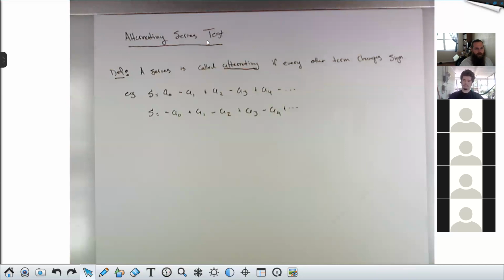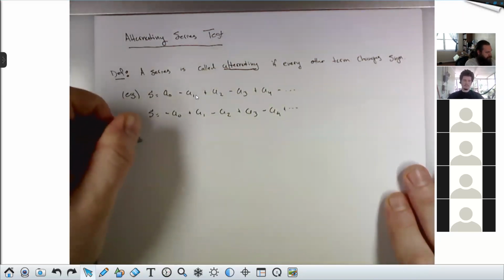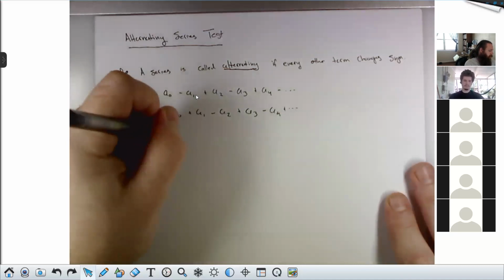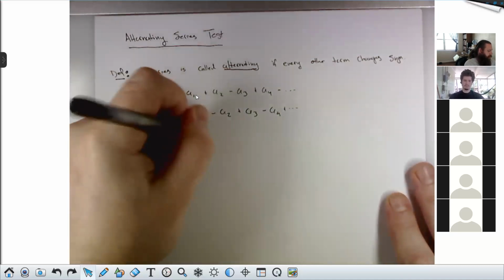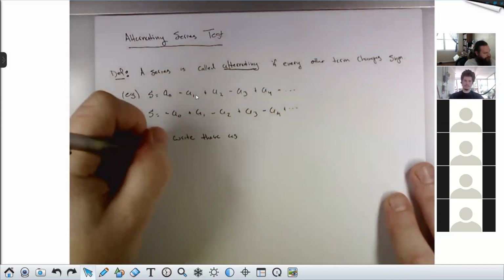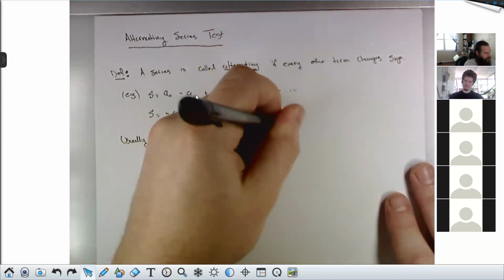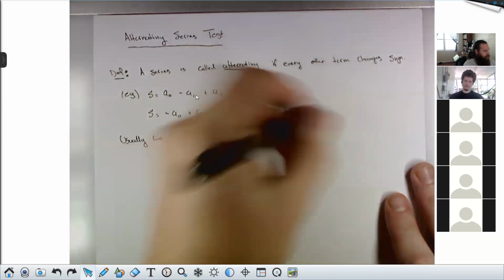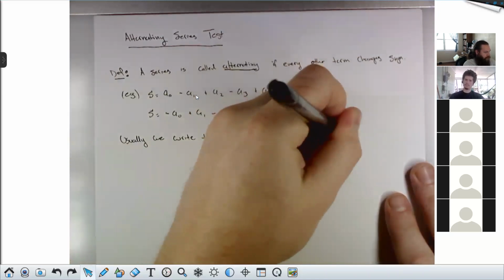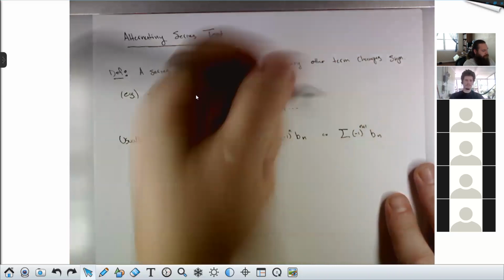We need some notation, and it's nice to have notation that is slightly different than what we're used to. So usually these will be written as sigma (-1)^n times bn, or sigma (-1)^(n+1) times bn.